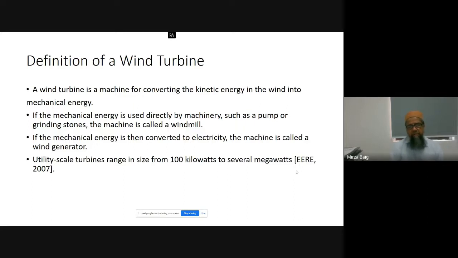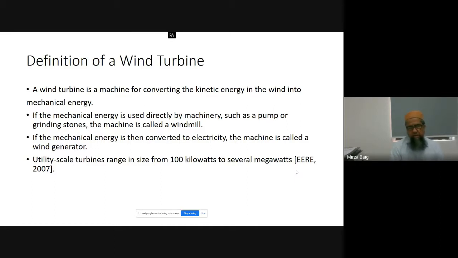The wind turbine has been around for a long time. Initially, it was used as a windmill for irrigation purposes, like a pump to draw water from the well and then irrigate.